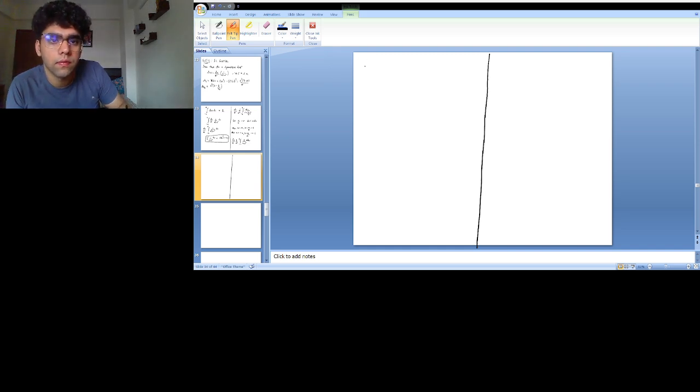So this becomes 2a upon pi into 1 upon a square, and I took out a common, so this becomes the integral from minus 1 to 1 of 1 upon 1 plus v square dv. So I can just cancel this and this. This becomes 2 upon pi.